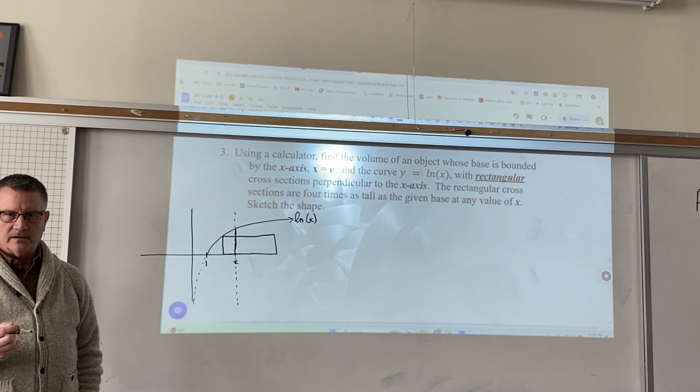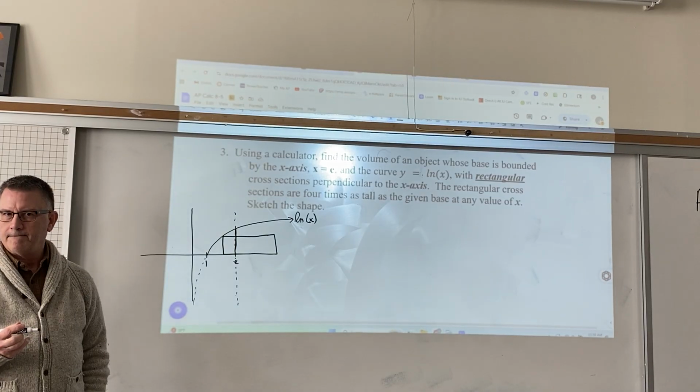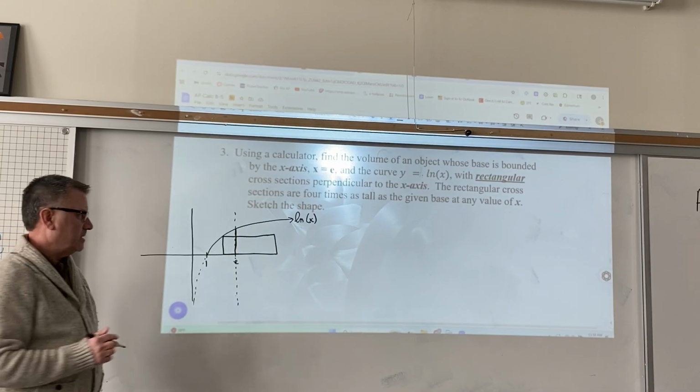I need to figure out the area of a rectangle. Side by side. Base times height, right?